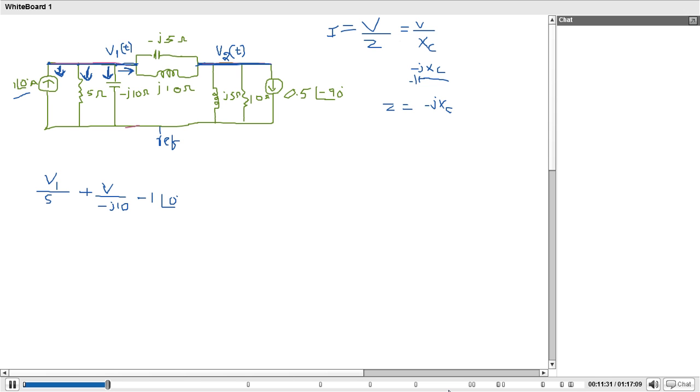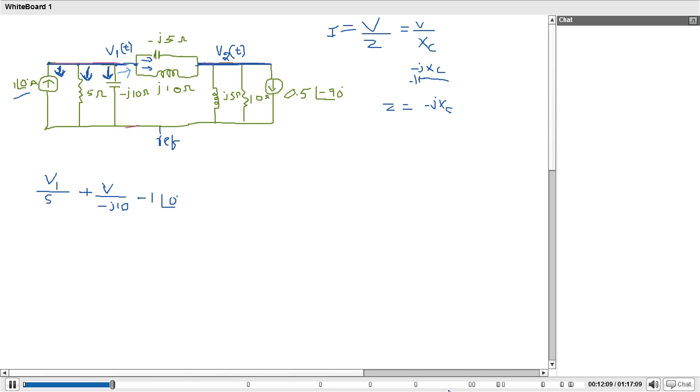This current is flowing across the parallel branches, so here again it divides. I will draw this current in some other color. Since these minus j5 ohm and j10 ohm are connected in parallel, the current divides.